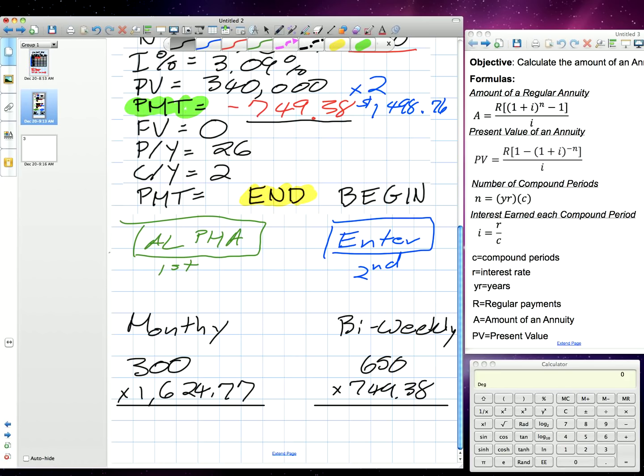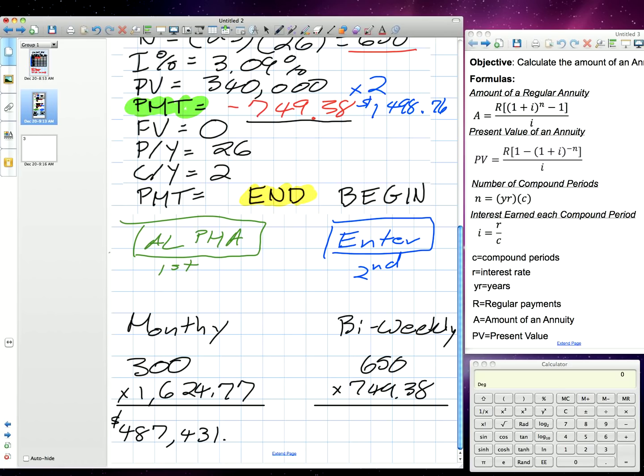So our monthly payments, we have 300 times $1,624.77. We end up paying $487,000.